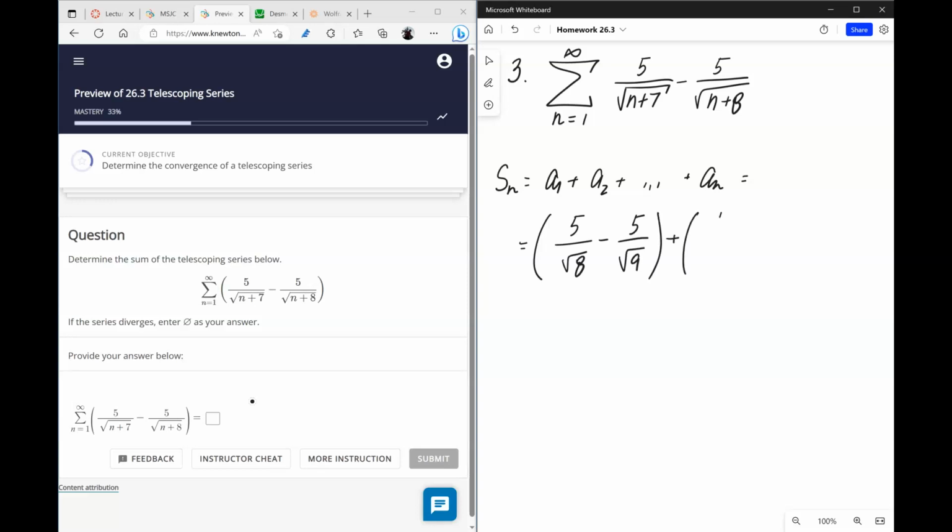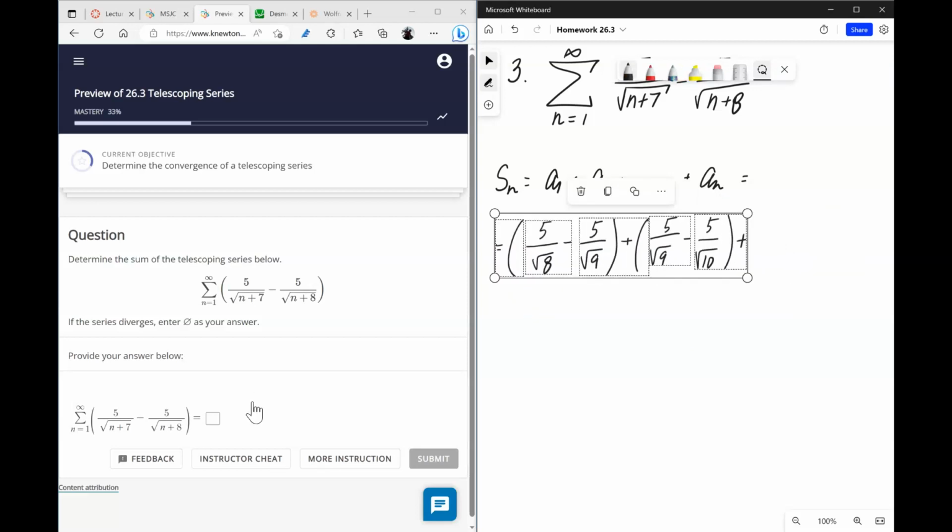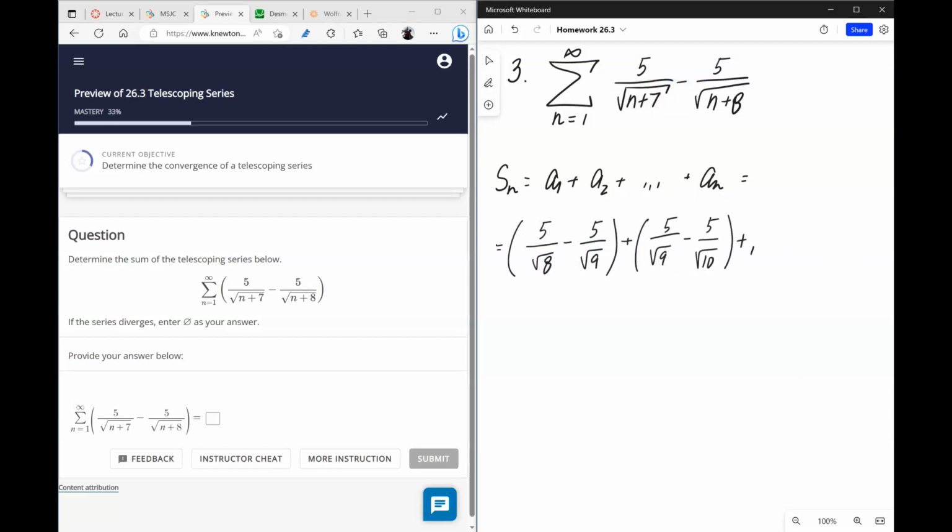The second term is 5 over square root of 9 minus 5 over square root of 10. And we can apply this pattern all the way. So the nth term will be 5 over square root of n plus 7 minus 5 over square root of n plus 8. And because it's telescoping, all these terms will cancel out.